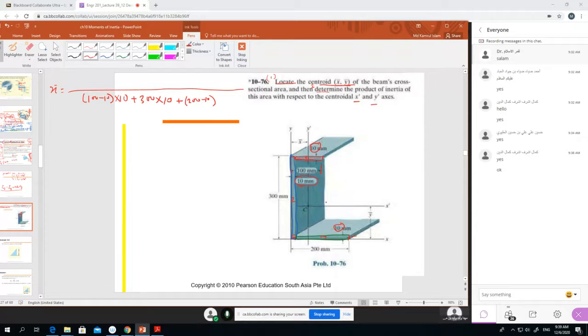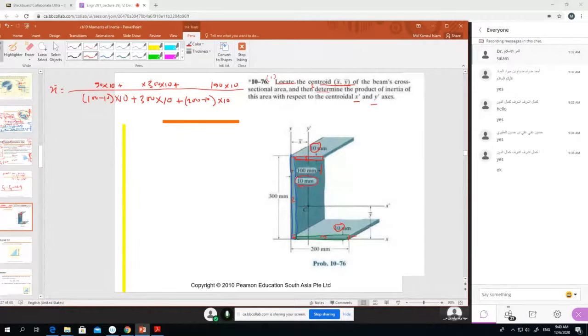This is 10 because it is written there, this is 10 into 10. Now we are calculating the x bar. So what do we have? This is actually 90 into 10, and from here 300 into 10, and here 190 into 10, so 190 into 10.